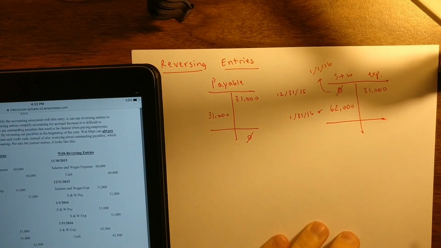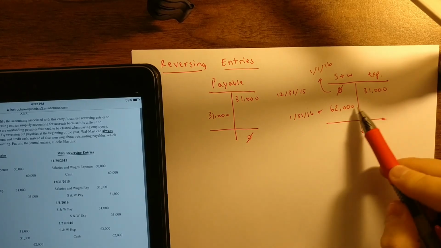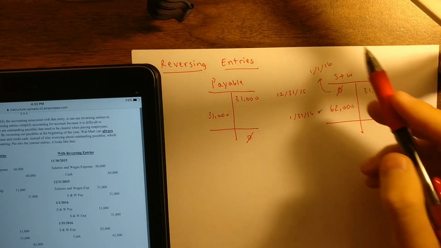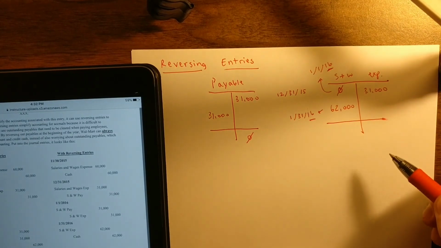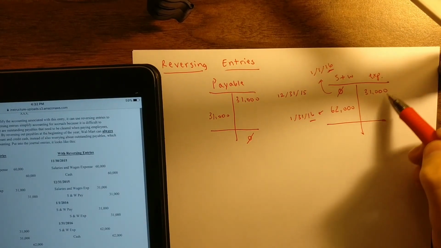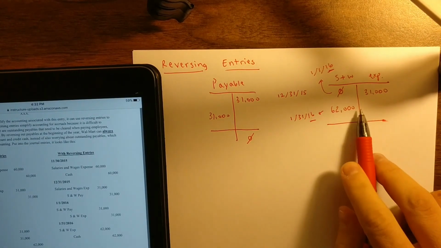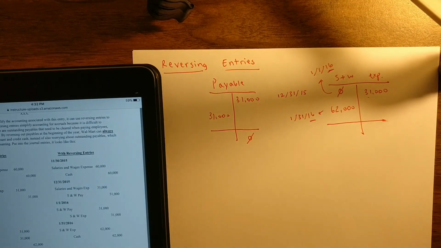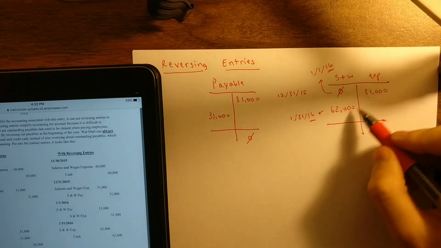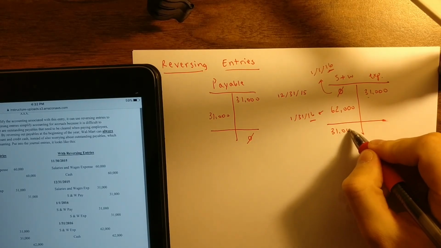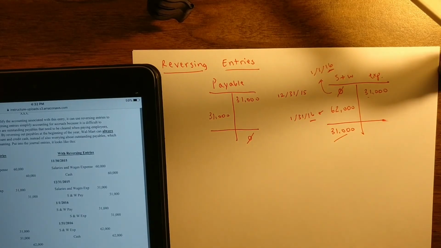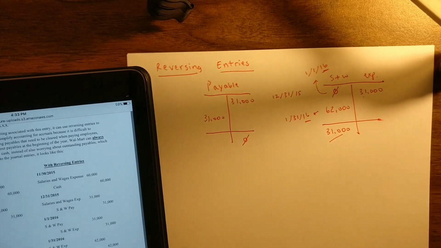So that means that on the net, in 2016, because these are both 2016, we've recorded 31,000 of expense, right? Because if we credit an expense for 31,000 and then we debit the expense for 62,000, we're going to end up with a net debit in the account of 31,000. So in this period, we've technically only recorded 31,000 of expense.